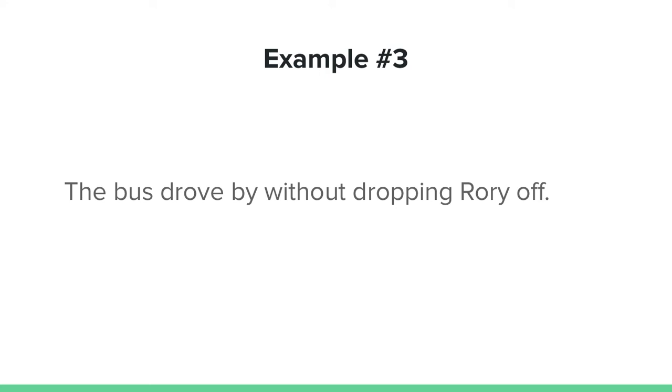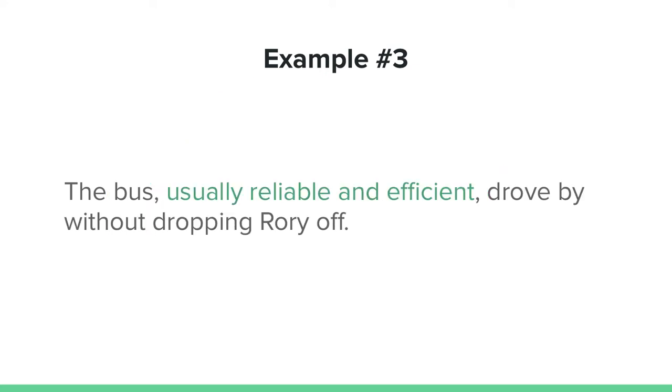So we need to find nouns to modify. So we've got bus, we've got Rory, but really I'm probably going to focus on the bus. It's the subject of the sentence after all. So, mid-branching modifier. The bus, usually reliable and efficient. So adjective.